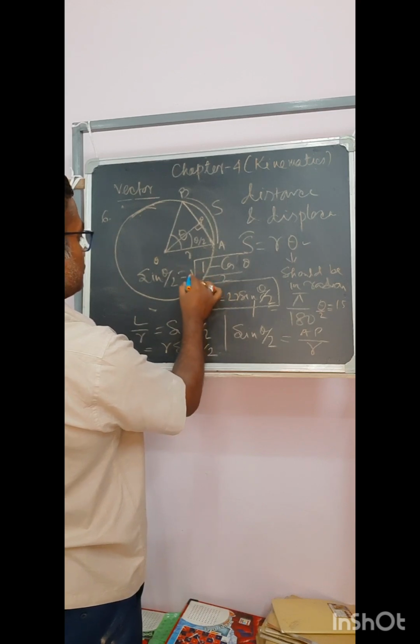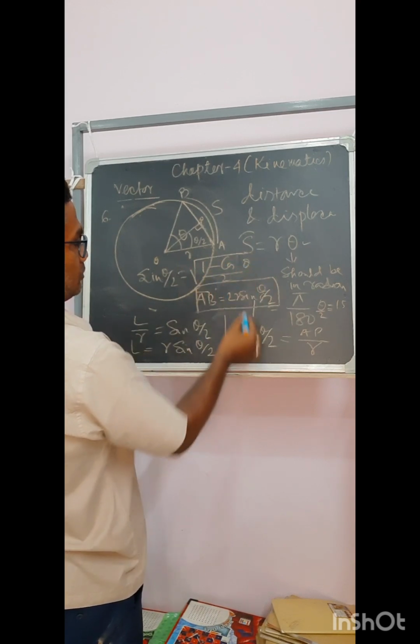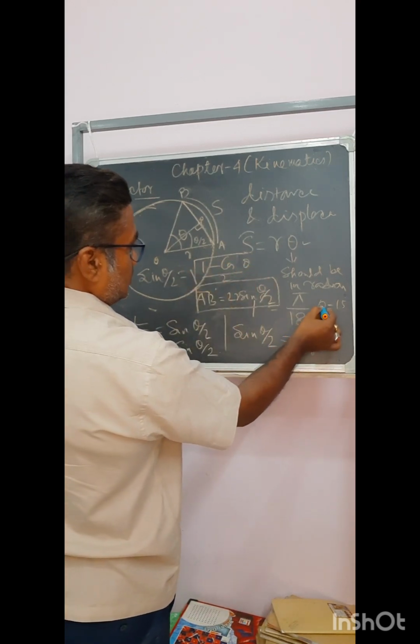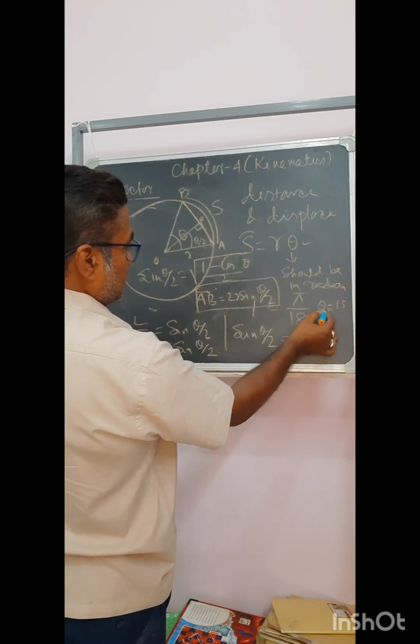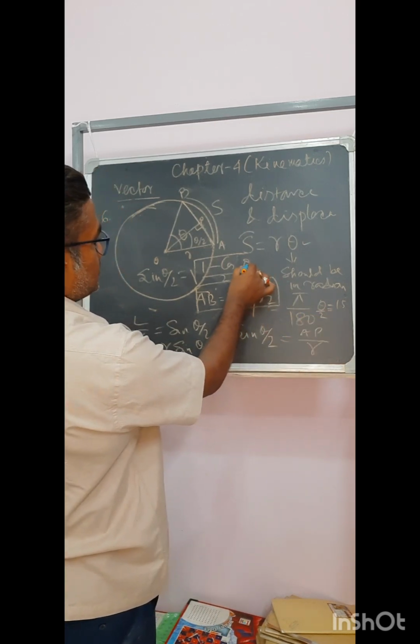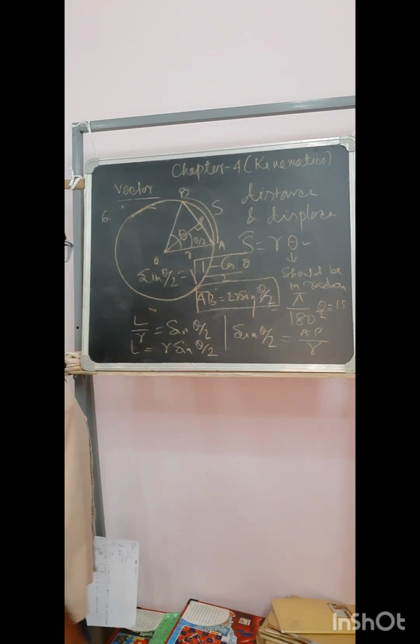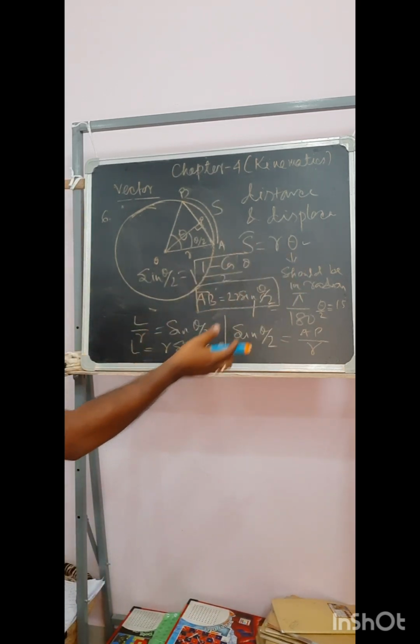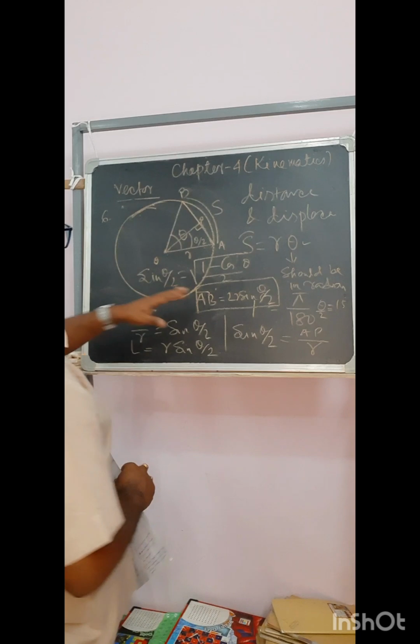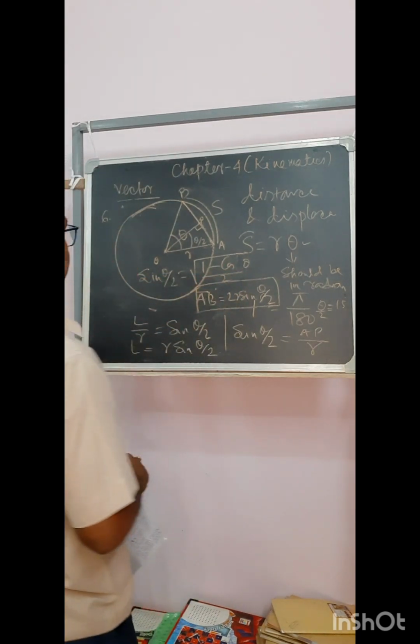Rather, if I use this formula, square root of 1 minus cos theta by 2, you can directly put theta is equal to 30, and the cos 30 value is known to you. In some cases that will be very advantageous if you remember this formula.